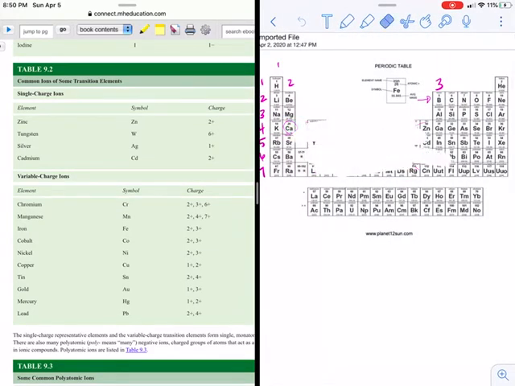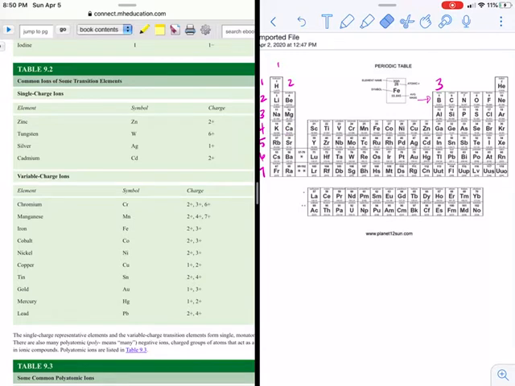Let me go back to the periodic table really quick. I said that we would get to it, didn't I? So for instance, chromium. See how it's in this middle section? Those are called transition metals, and that means that they can have different charges.